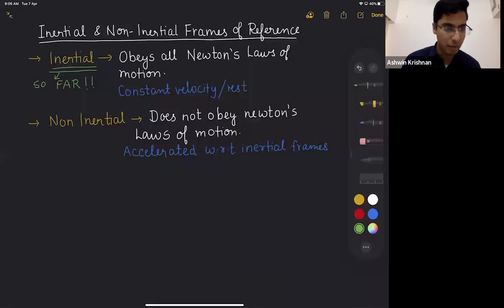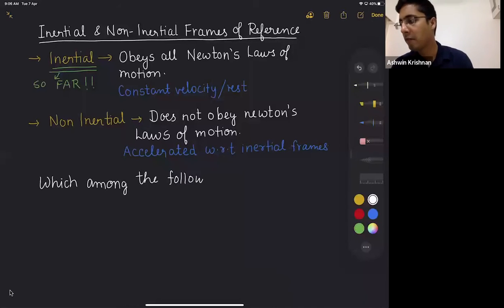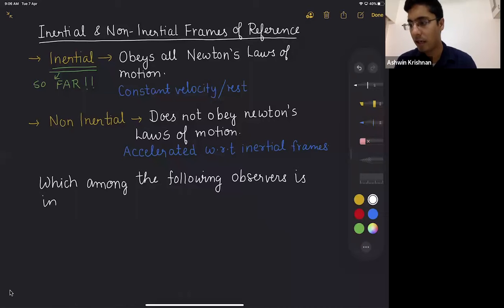Okay, so let me do a small concept check for you, just to make sure everyone is on page. Which amongst the following observers is in an inertial frame of reference?